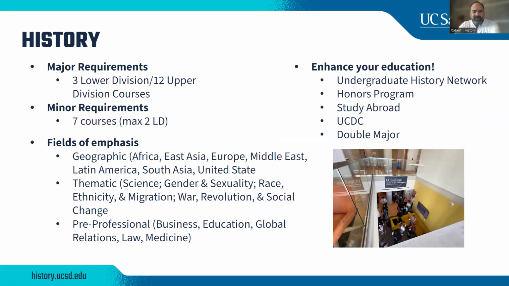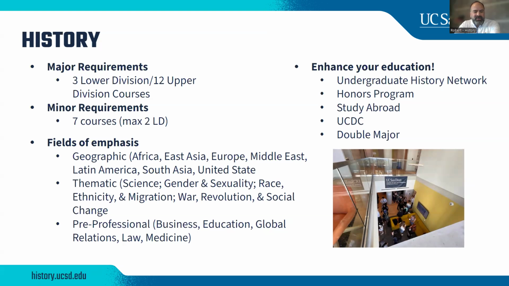I'm the undergraduate student affairs coordinator at the Department of History. And just to briefly go over a couple of things that you can do at the history department: you can both major and or minor in history. For the major, you just need 3 lower division requirements and 12 upper division courses to complete the major.